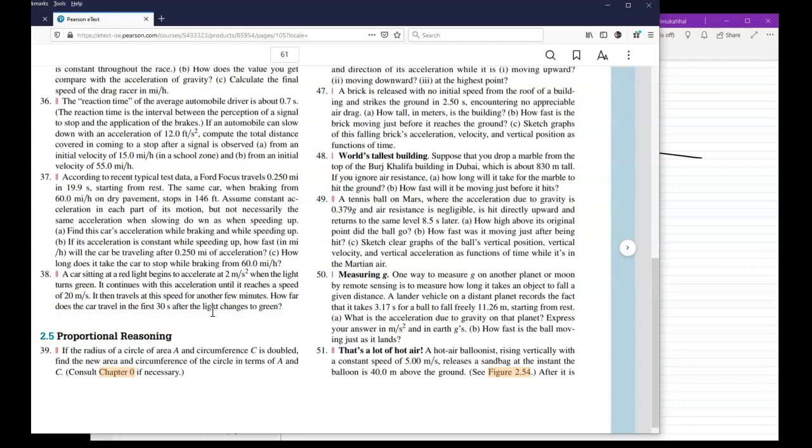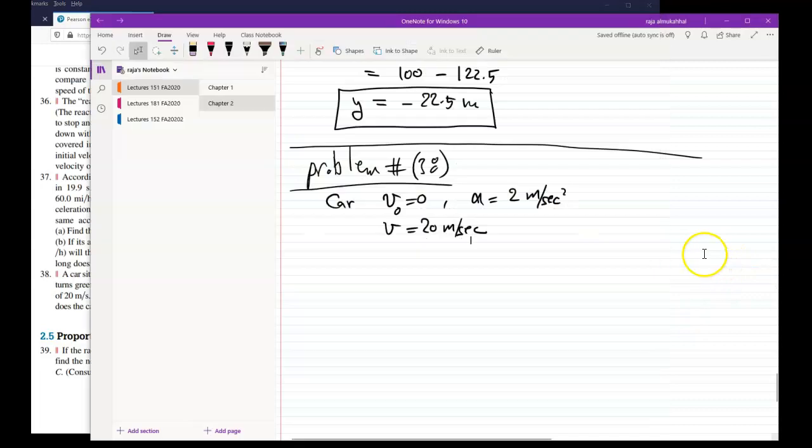So let's look at it. What you have in here is the car, here is the road, here is the car. The car is sitting at the red light, so this is the initial velocity, 0 at t equals 0.